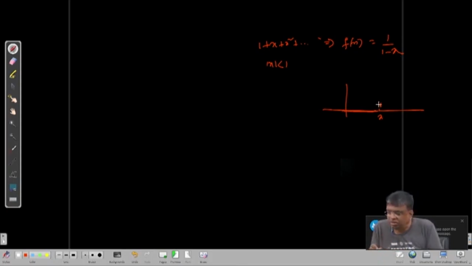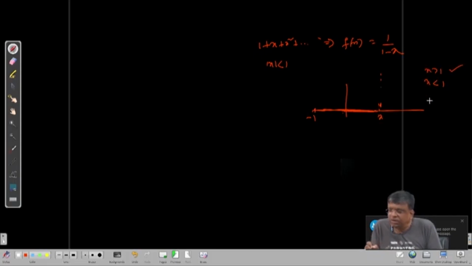So, x equal to 1 is ruled out, but x less than 1 greater than 0, I am assuming x to be, say, positive, otherwise you have to go from minus 1 to 1 if you want to be precise, mod x to be less than 1. So, any of these values here, take any of the value, this will converge. But when you look at the function, function does not exist at x equal to 1, but it exists at x greater than 1 also, at x less than 1 also.